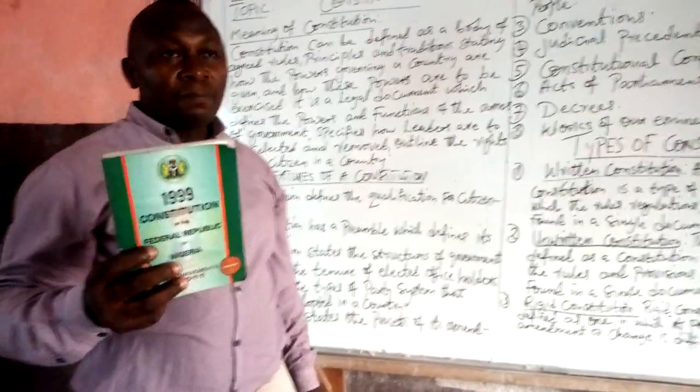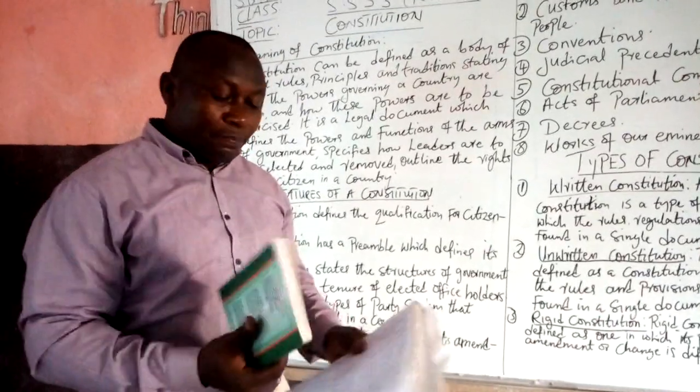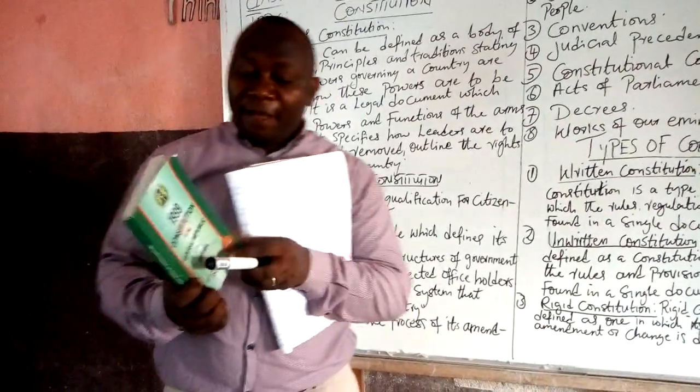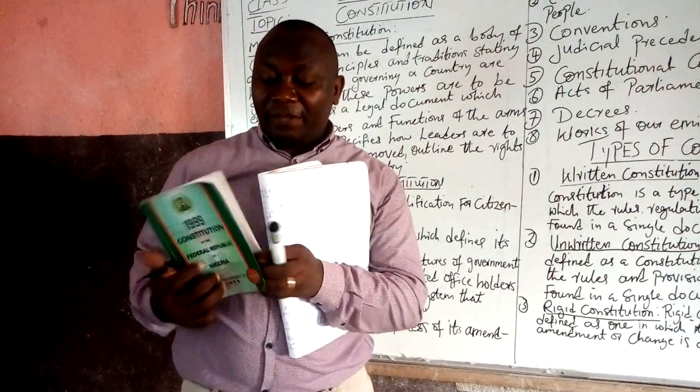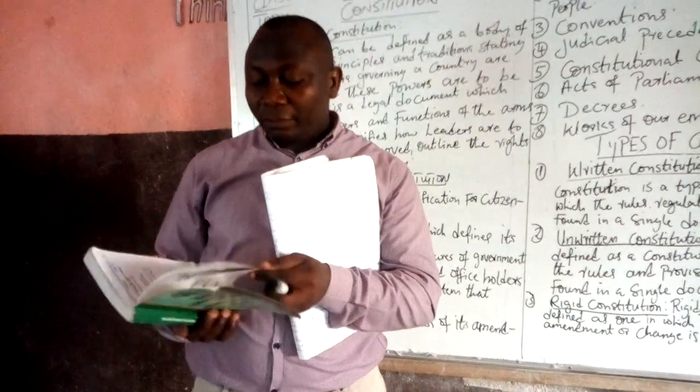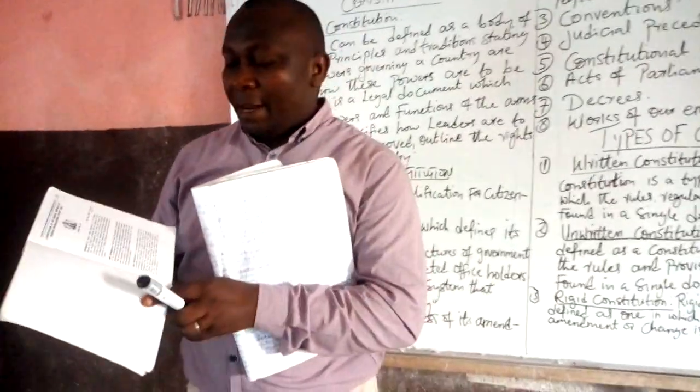For instance, we have a preamble of this Nigerian constitution which says, Constitution of the Federal Republic of Nigeria, Promulgation Decree 1999. This is the preamble. It's the lead statement.